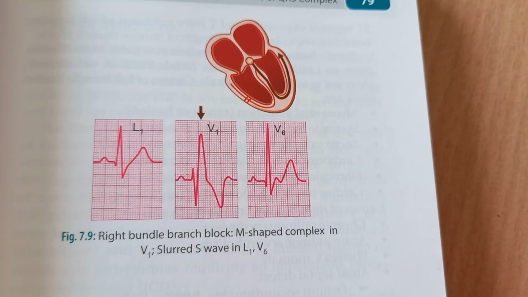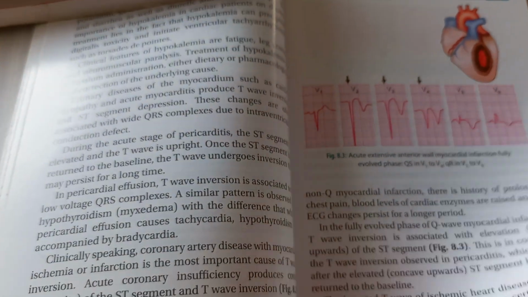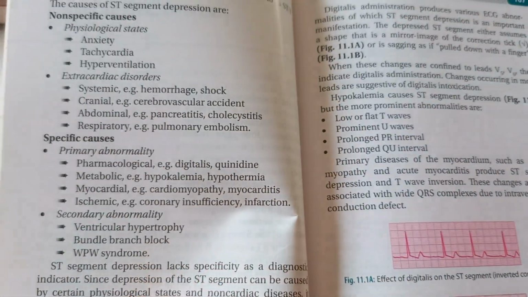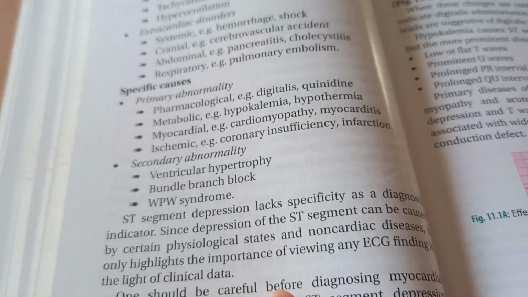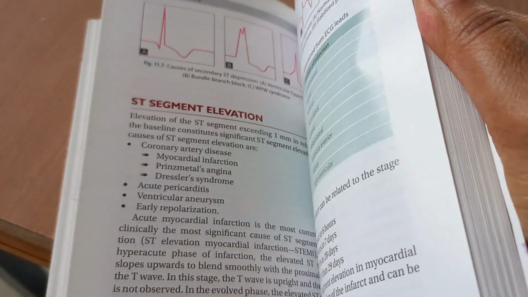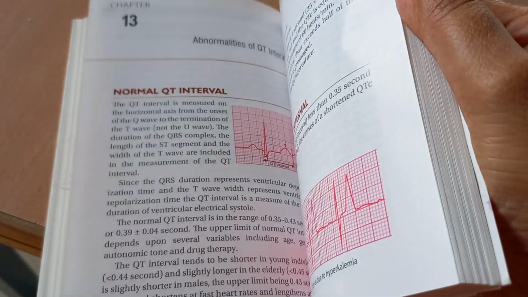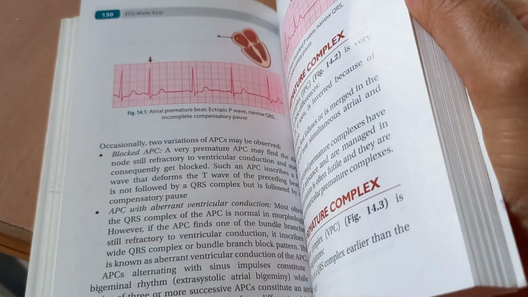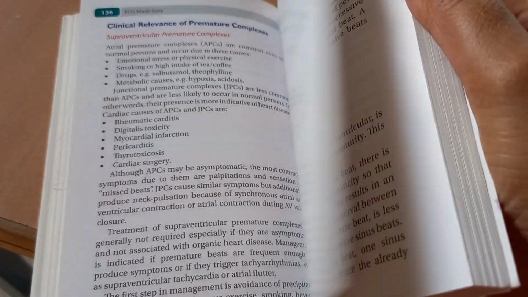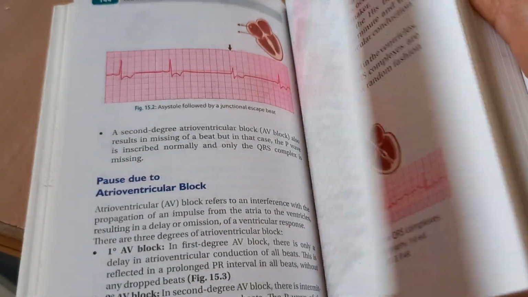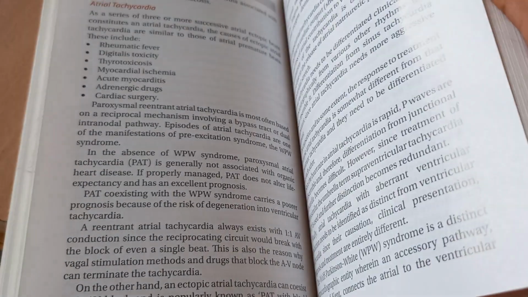This is right bundle branch block. Similarly, a lot has been given in this book. So you can look at this for every complex, every segment, abnormalities they have described as separate chapters.